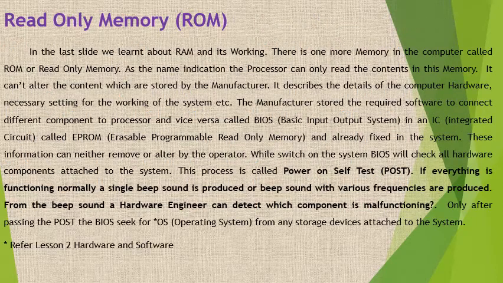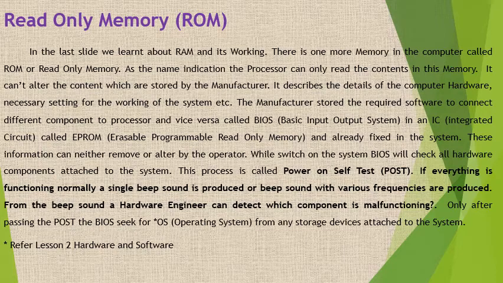Read-only memory or ROM. In the last slide, we learned about RAM and its working. There is one more memory in the computer called ROM or read-only memory. As the name indicates, the processor can only read the contents in this memory. It cannot alter the content which is stored by the manufacturer.